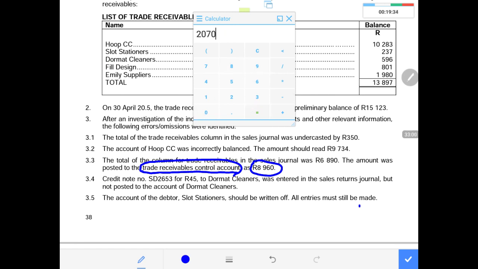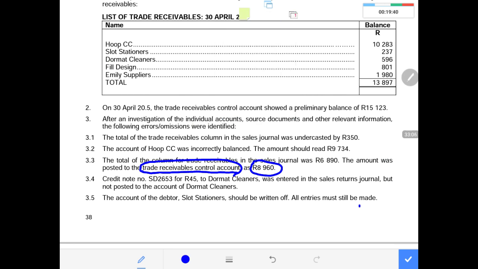You can see these numbers sound the same. So now we need to decrease our trade receivables control, and I want to highlight again, they said the total column of the trade receivables in the sales journal. So they are referring to the total, and whenever the total is affected, your trade receivables control is very likely to be adjusted.